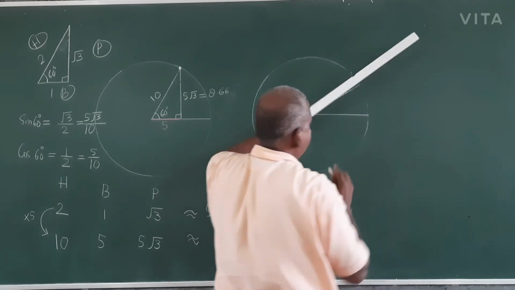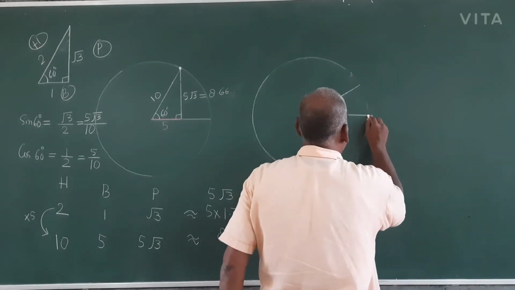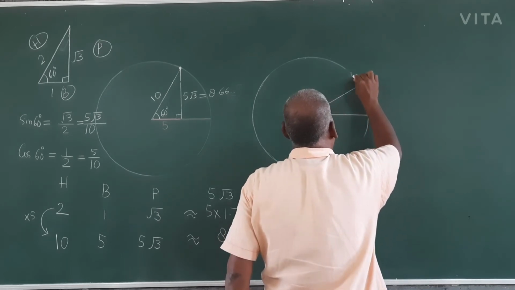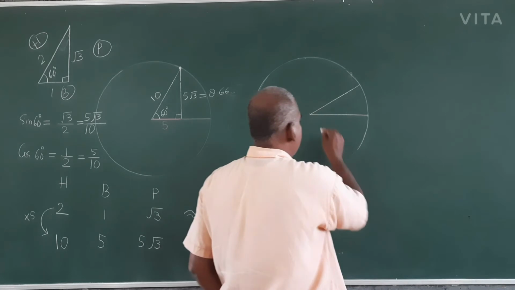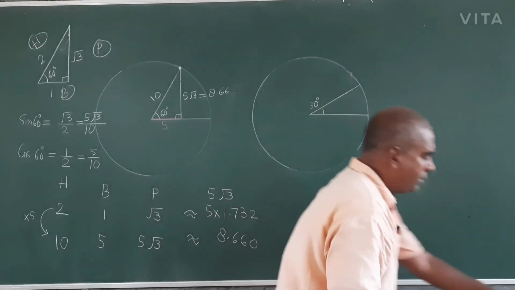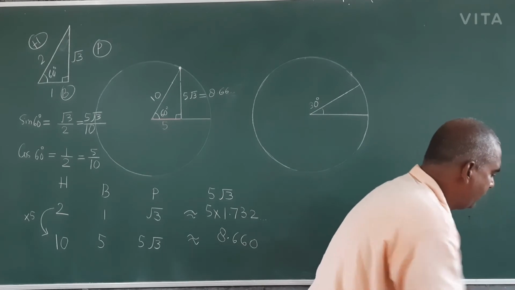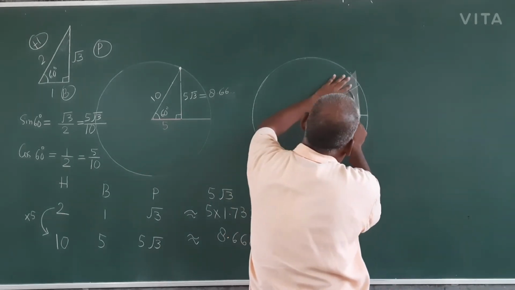This one. This is the whole circle. This is 30 degree. And you can make a right angle triangle here. Hypotenuse is fixed, 10 centimeter.